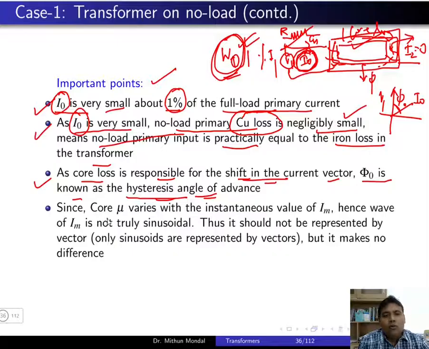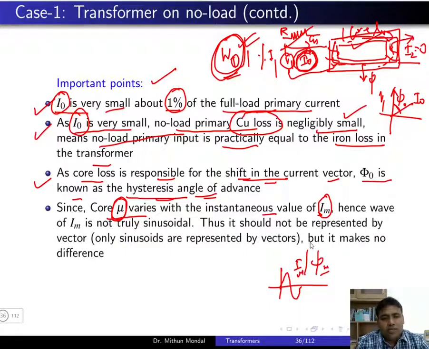Also, core permeability varies with the instantaneous value of I mu. We know that the permeability of the core is not constant, and it varies with the magnetizing current, because the magnetizing current is an AC quantity. Current and flux are both AC quantities in the core of the transformer.